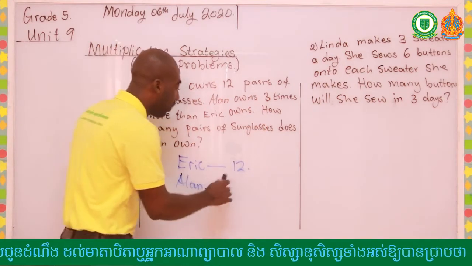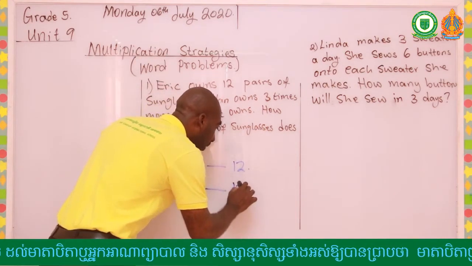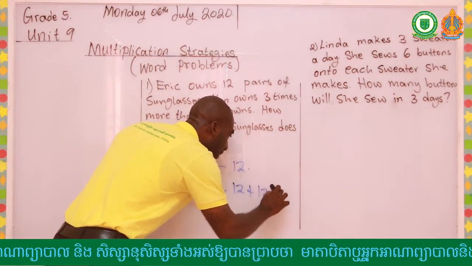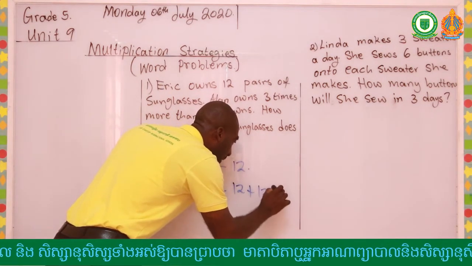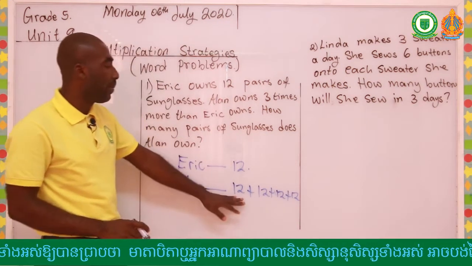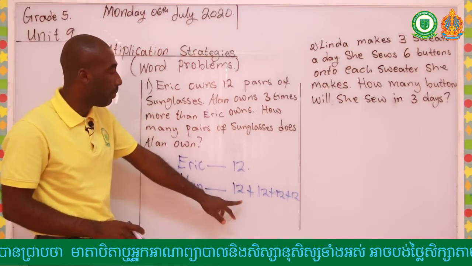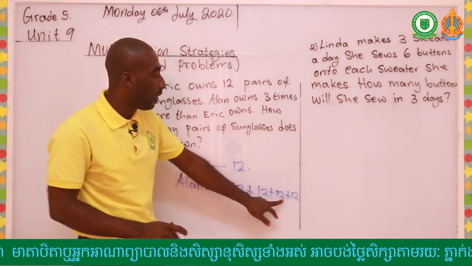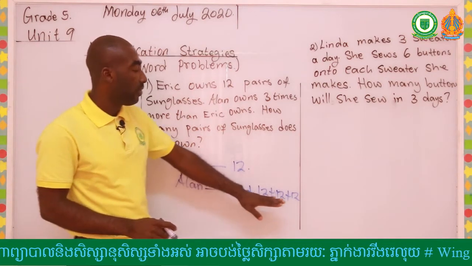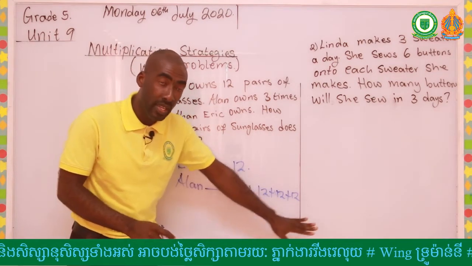Okay, so that means if we put 12 pairs plus 12 pairs plus 12 pairs plus another 12 pairs. So how many pairs do you see here? Let's count them. 1, 2, 3, 4. So we have 4 sets of 12 pairs here.